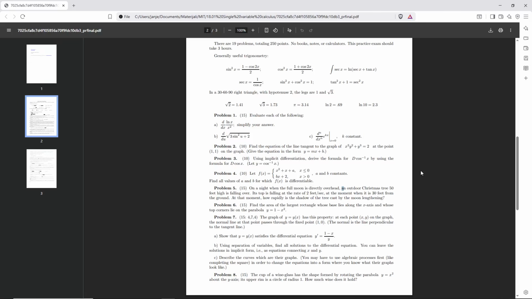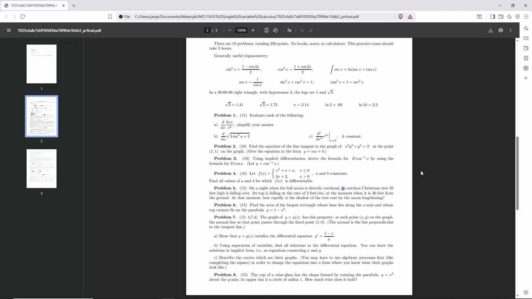And once again, we're dealing with a geometric application, and we'll need to find the differential equation that describes this problem based on the geometry of the figure. After that, we're given the differential equation, and we're going to need to check whether our geometric problem really fits or satisfies this differential equation.